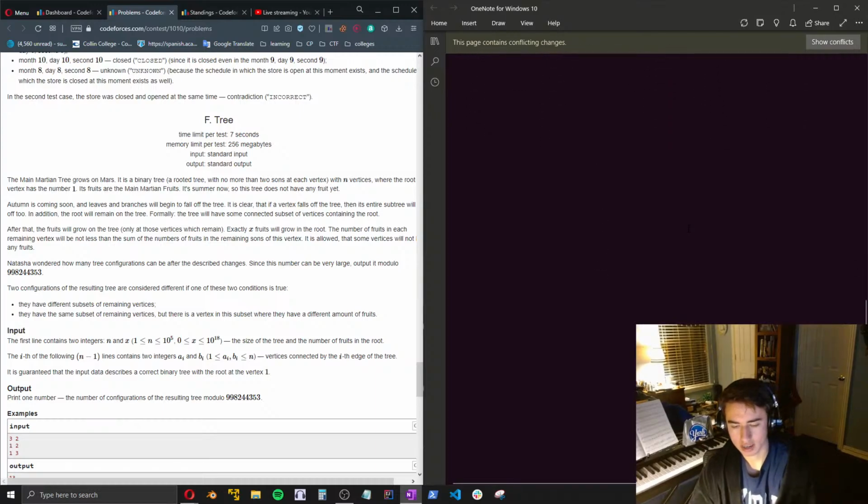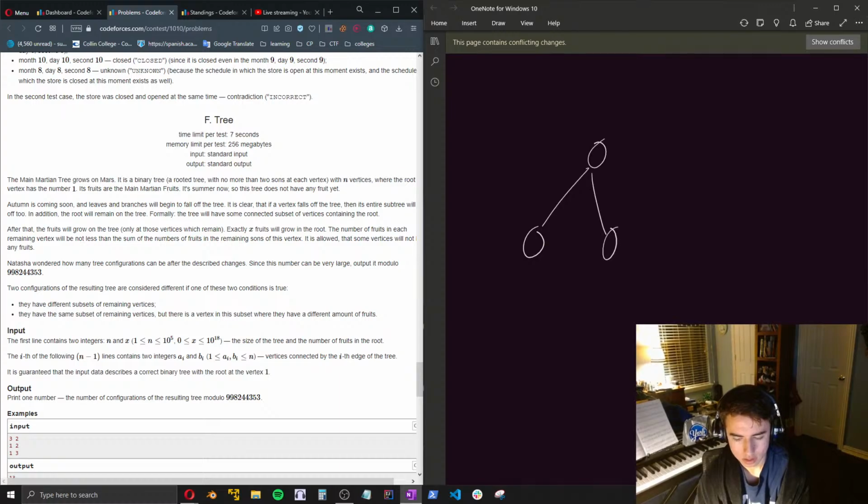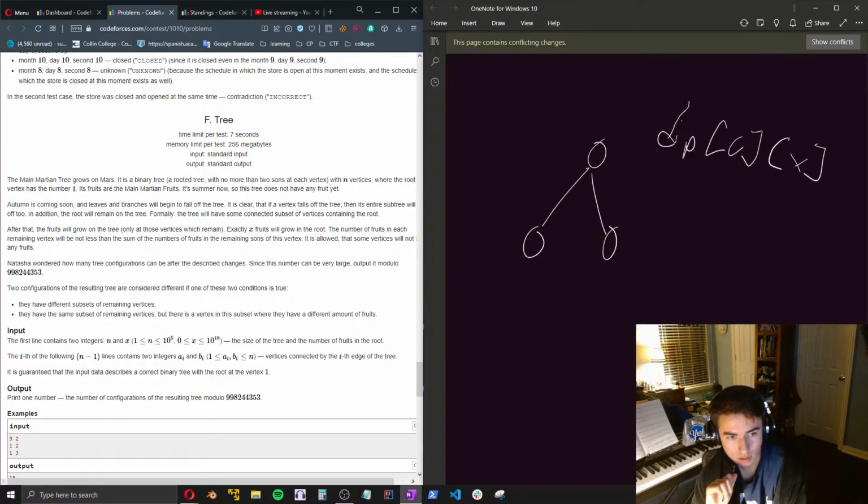Oh yeah, we were saying, let's say a node had a DP of current node X. This represented the number of combinations such that the sum of fruits is less than or equal to X.